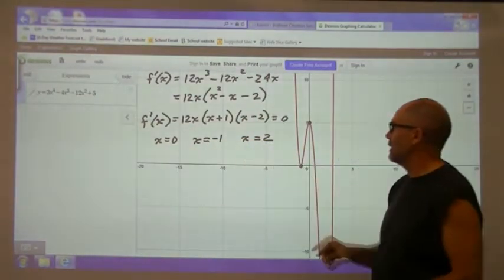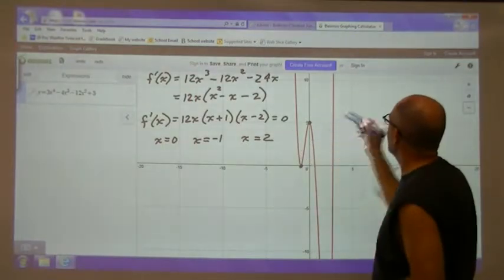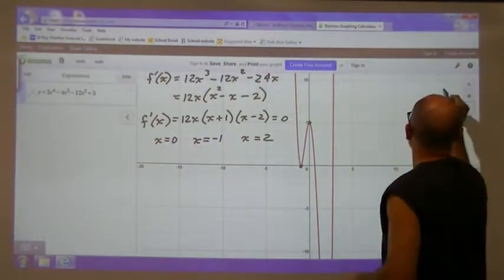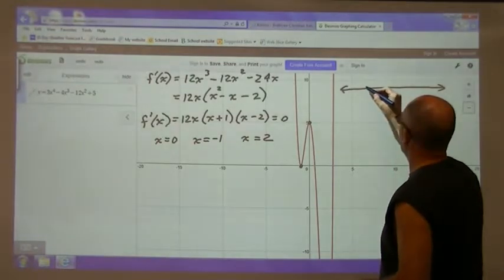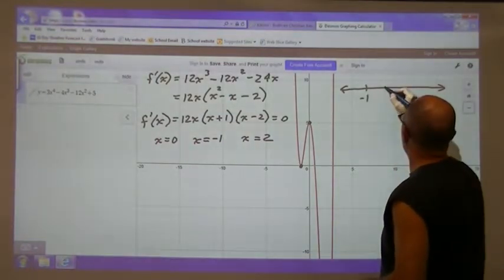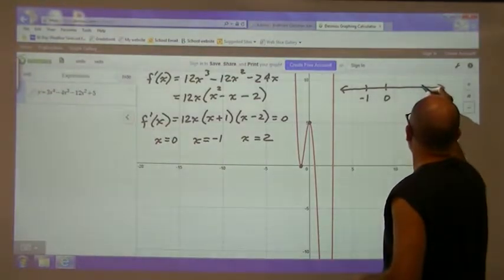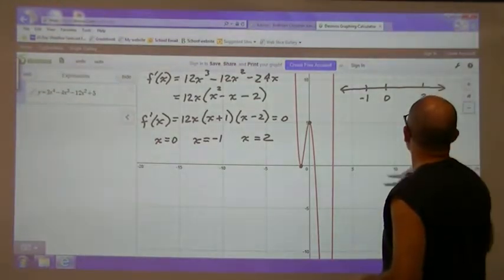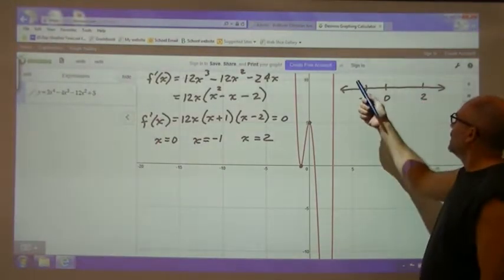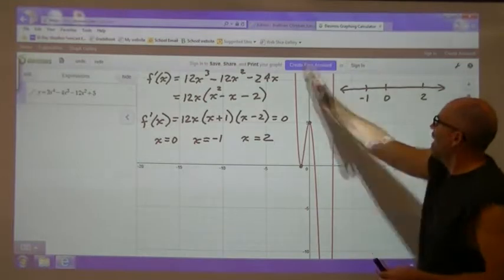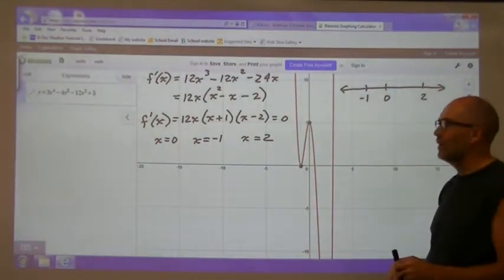in these intervals. See, notice I can make a number line here, and I could put negative 1, 0, and 2. What I want to know is, what's the derivative doing to the left of negative 1?